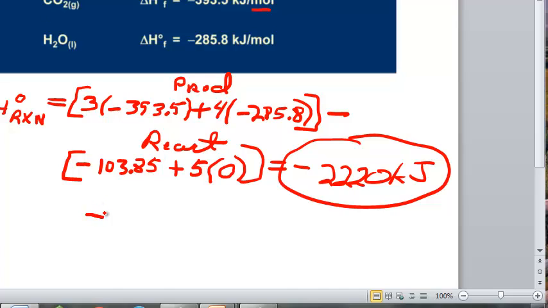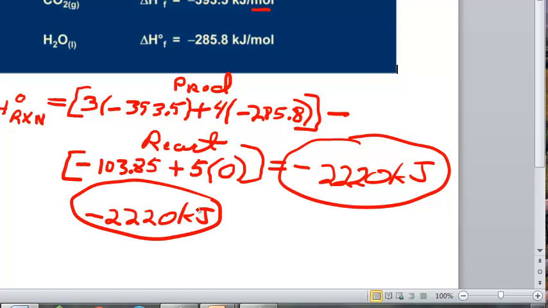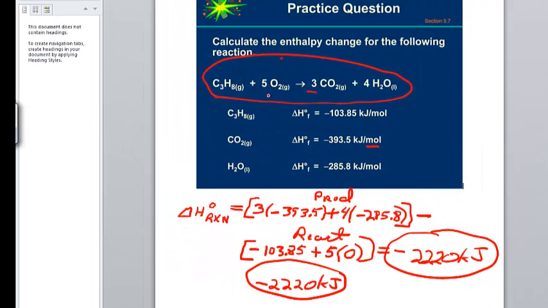Minus 2220 kilojoules. My delta H of reaction under standard conditions. That is all there is to calculating the delta H of a reaction using enthalpies of formation. What you have to remember is products minus reactants. Make sure that you multiply by the coefficients from the balanced chemical reaction for each enthalpy of formation.